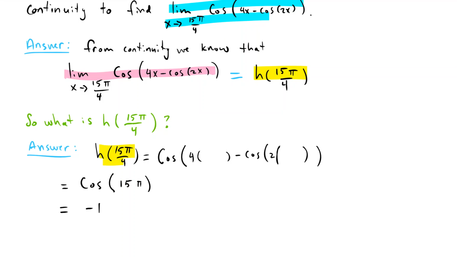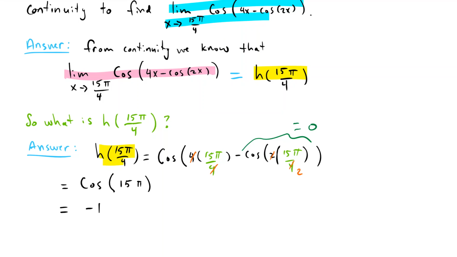So that's what we do. What is the function evaluation at 15 pi over 4? Well, if we plug 15 pi over 4 into h, again we get cancellations. And we know that this second term is 0.